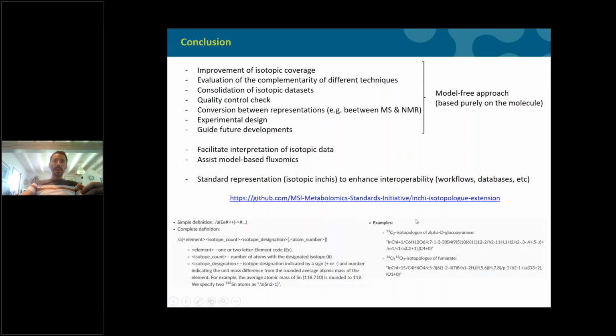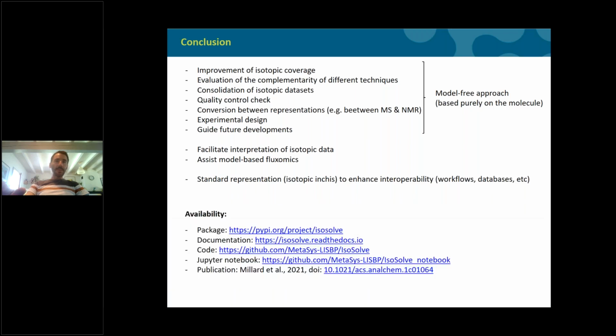So there are some guidelines on how to use and implement isotopic InChIs. I will not go into the details. If you want any information about that, you have all the addresses here about the package, the documentation, and the code which is released.